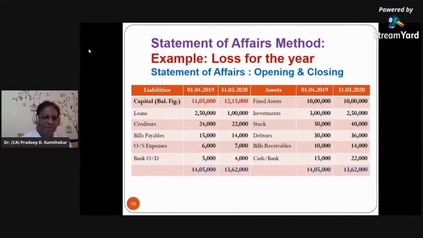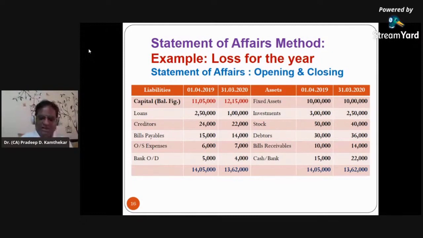So taking the same example where the opening assets and liabilities are given to you, and except capital balances which we have ascertained here as balancing figure, you can see here the opening capital balancing figure 11,05,000 and closing capital balance is 12,15,000.